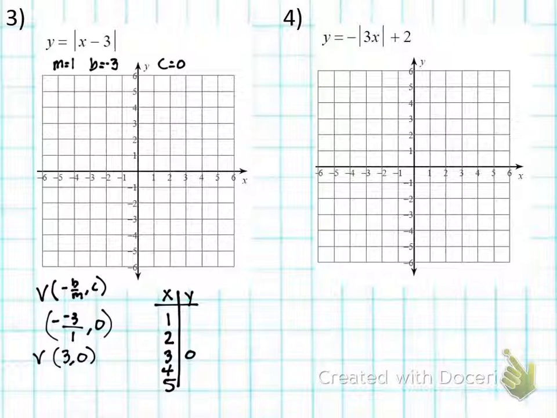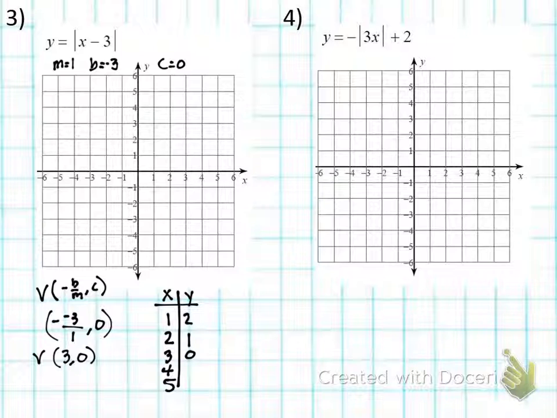Okay, then you plug them back in. So let's start with 1. We're plugging 1 back into our original problem at the top. So 1 minus 3 is? -2. Absolute value of -2 is? 2. Good. Next one, 2. 2 minus 3 is -1. Absolute value of -1 is 1.